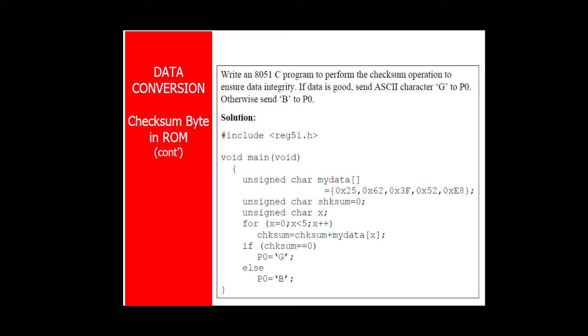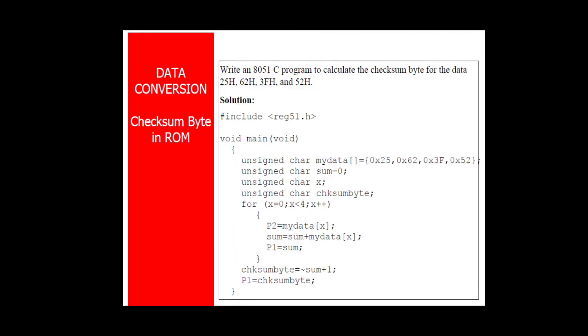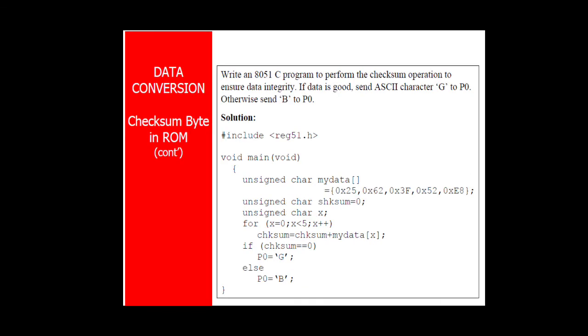Therefore, first using the for loop, all the 5 numbers of the array are added, and if checksum is equal to 0, it means data integrity is assured. Then we have to send G to P0. We have to send ASCII character G, hence within single quotes it is written, else send B to P0.